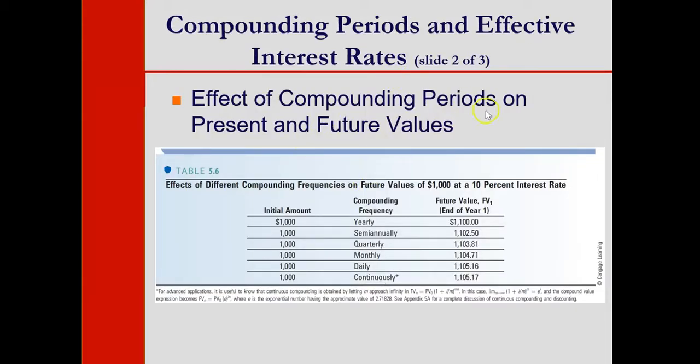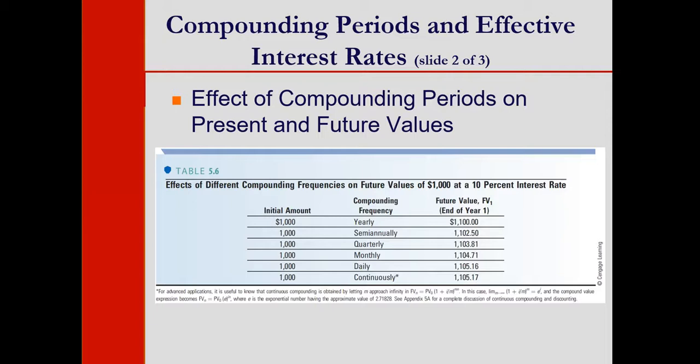Now look, effect of compounding periods on present and future value. What would happen to the future value? If you remember from the problem, when compounding is taking place 2 times, the future value was greater, right?